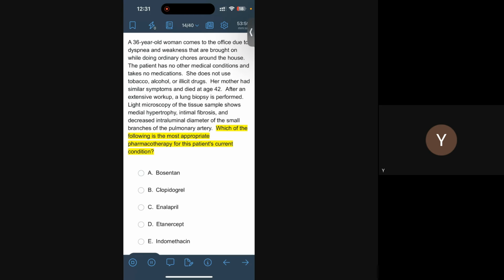Age of the patient is 30 years, female. Does not use tobacco or alcohol. Mother died due to similar symptoms at age 42, some type of genetic condition. Lung biopsy reveals medial hypertrophy, intimal fibrosis, decreased intraluminal diameter of the small branches of the pulmonary artery.